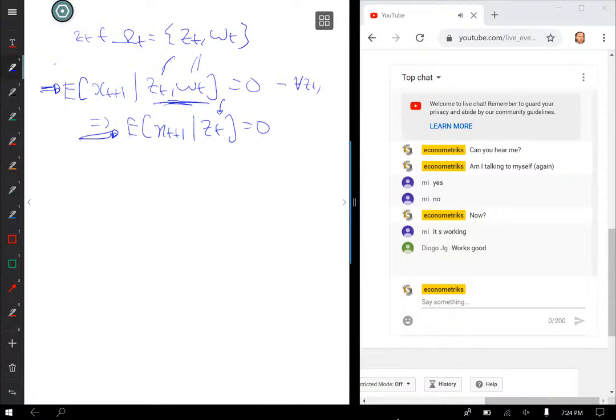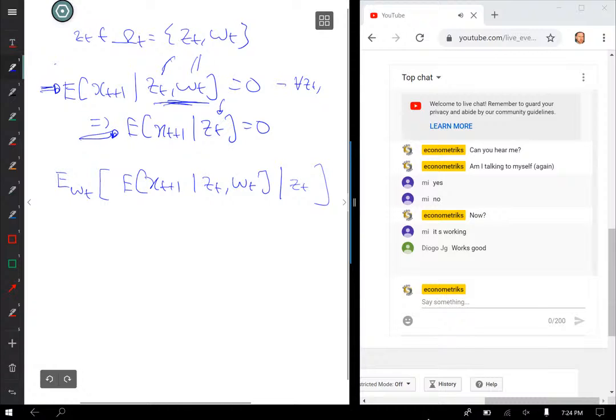So you can just take the average. What you can do is take the average of wt here with respect to zt plus 1 of this, given zt.